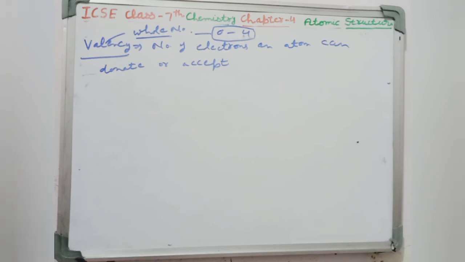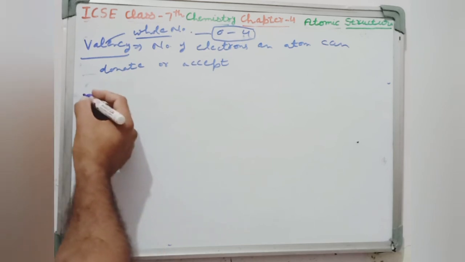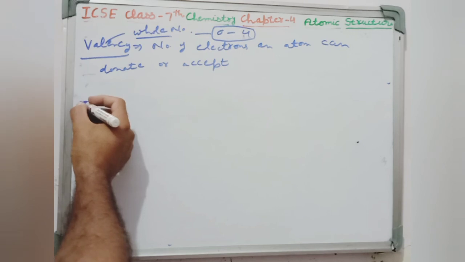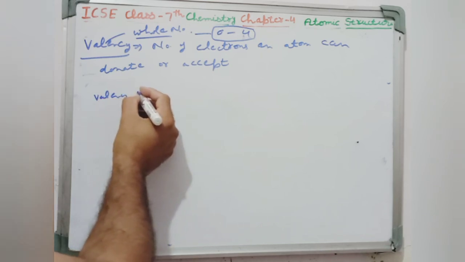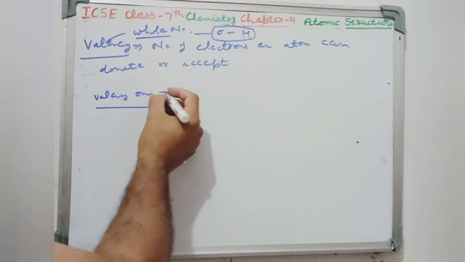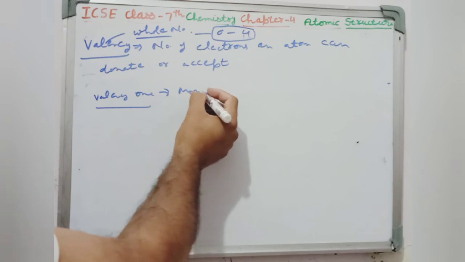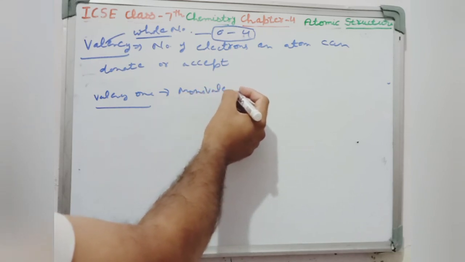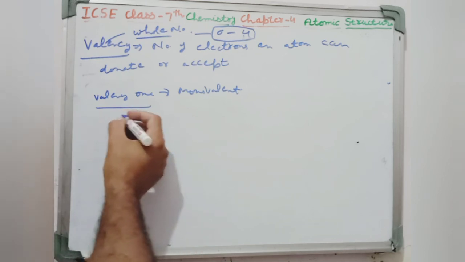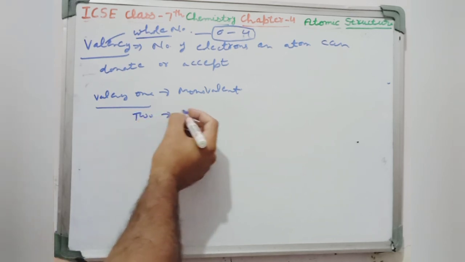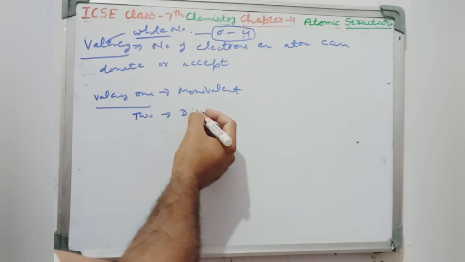Now elements with valency 1 are known as monovalent. Valency 2 are divalent.